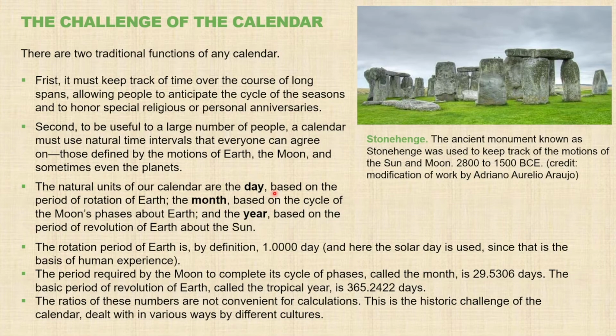The moon is bright one night, and over a period of 2 weeks, it changes its brightness, gets dark, and again starts to show some illumination, and back to the full moon and new moon, and so on. Based on those phases, we define that as 1 month, and the year is the time it takes for the Earth to go around the Sun.